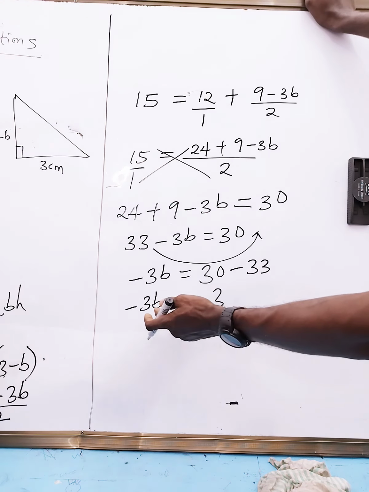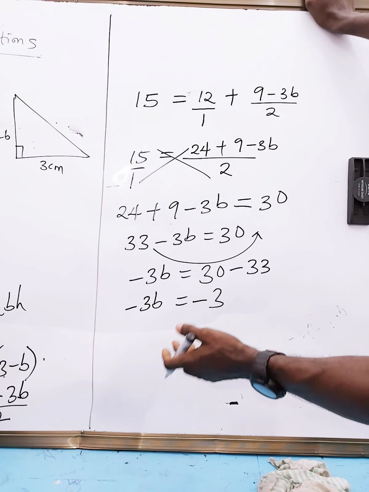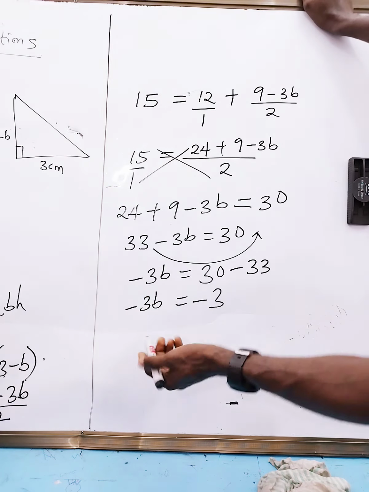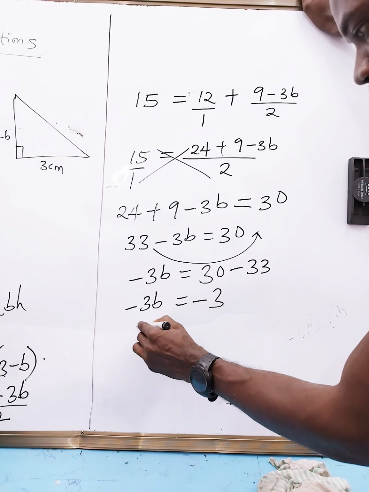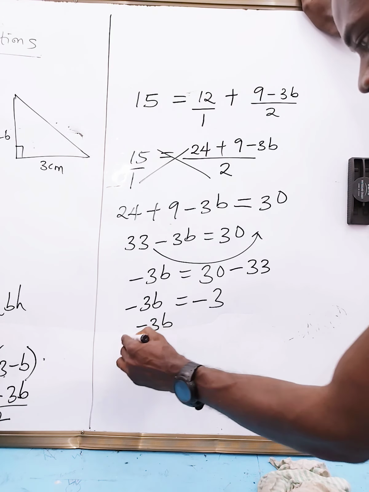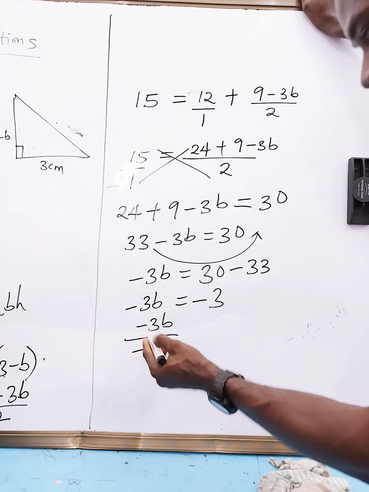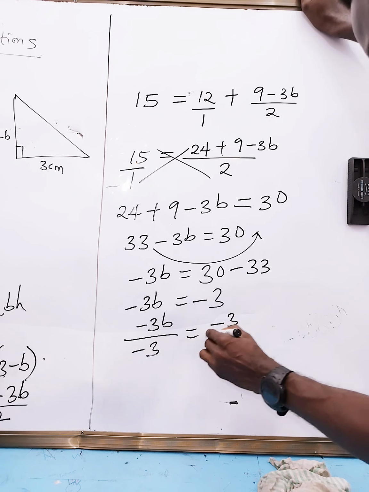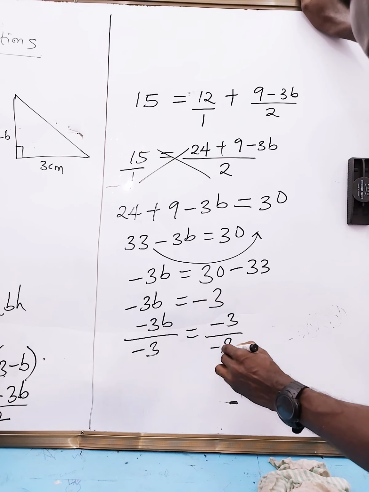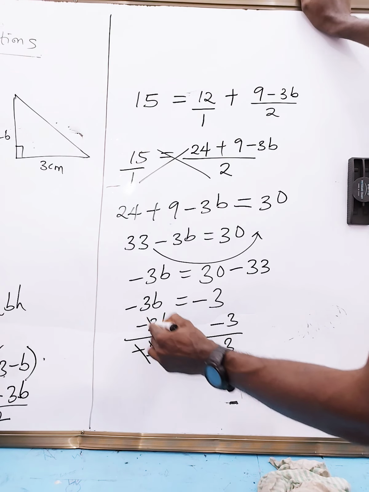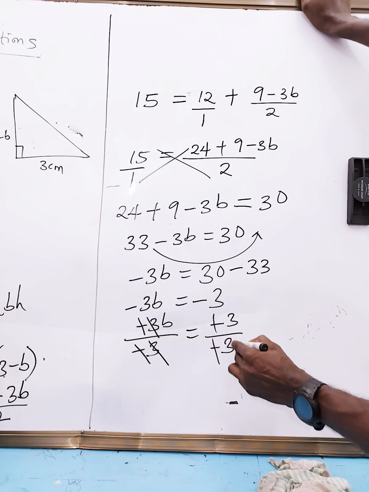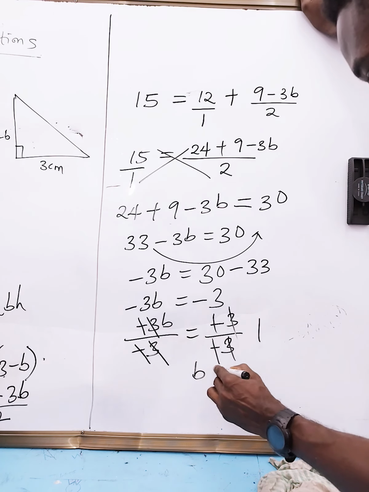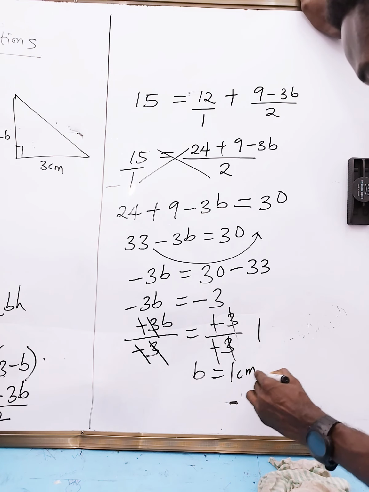We are looking for b, so we divide both sides by the coefficient of b, minus 3. Minus 3b over minus 3, the minus 3s cancel, and we therefore have b equals 1 centimeter.